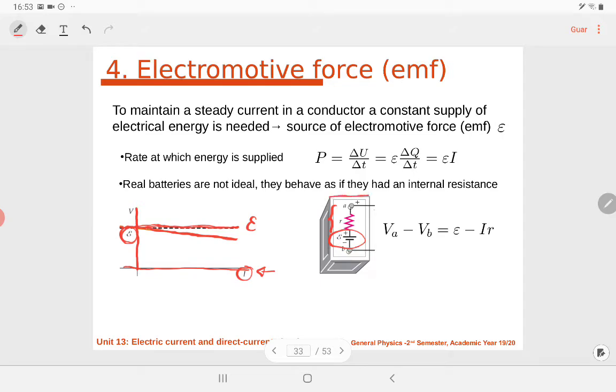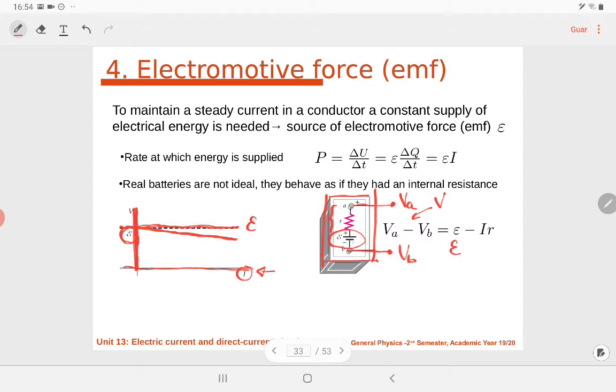So the real battery would be given by this part, where here we have the positive side of the battery, at a potential V sub A, and this would be the negative side of the battery, given by V sub B. So the difference of potential across the battery would be given by VA minus VB. This is what we normally call V, and what is represented in this graph here. So this would be equal to epsilon.